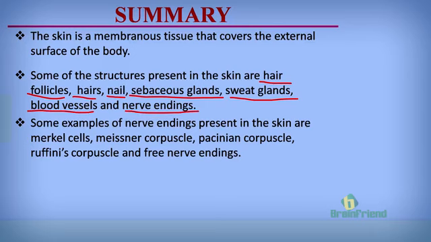Some examples of nerve endings which we learned about in today's class are Merkel's cells, which we learned about in our previous class, the Meissner corpuscles, Pacinian corpuscles, Ruffini's corpuscle, and free nerve endings. And of course, they detect different kinds of signals from the skin.